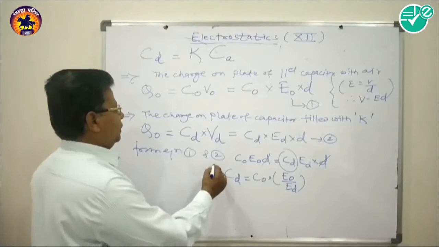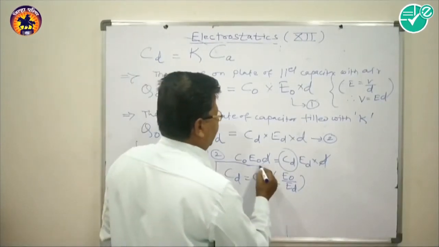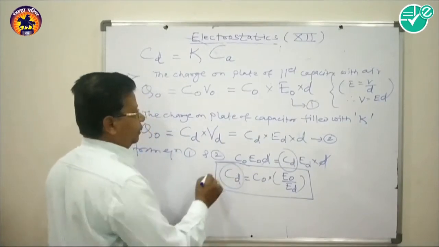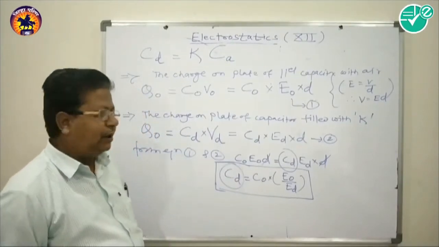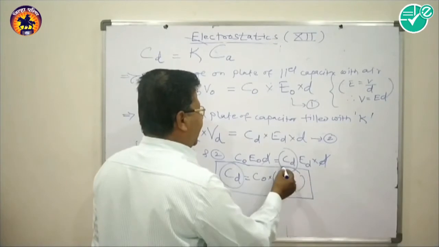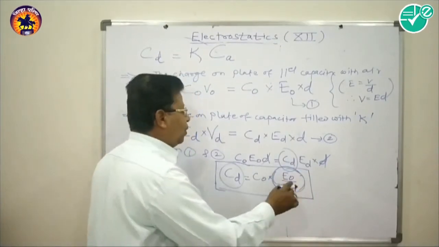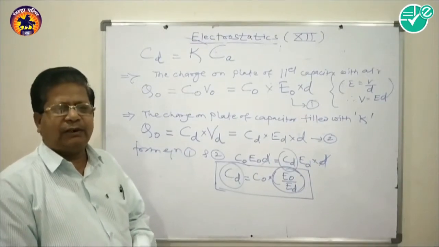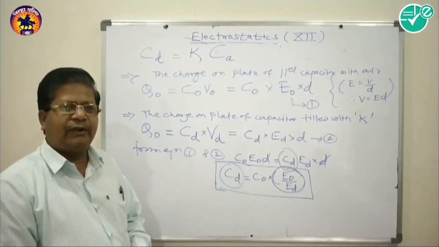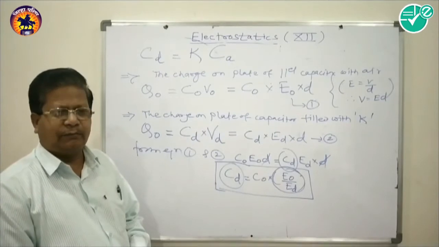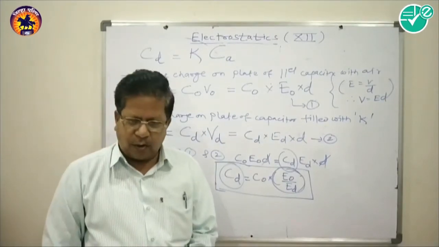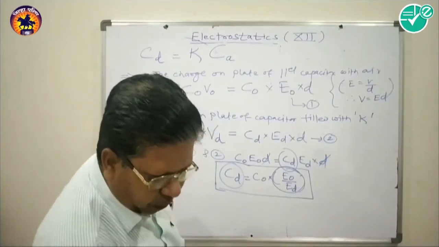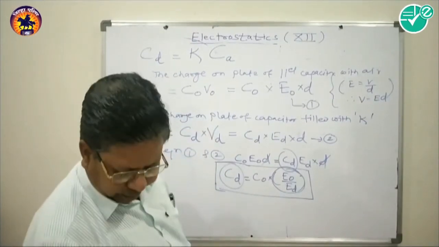That means the capacity of a parallel plate capacitor can be increased by the ratio of E0 upon ED. Again, it is known as the dielectric constant of the medium. So this is the effect of dielectric on the capacity of a parallel plate capacitor.